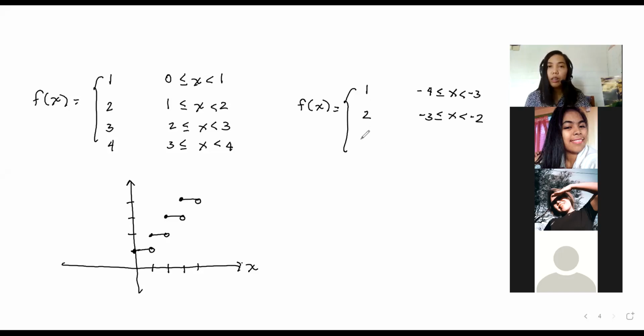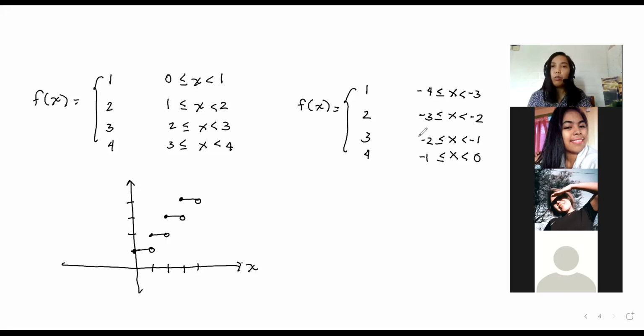F of x is 3 if x is between -2 and -1. F of x is 4 if x is between -1 and 0. Okay. And then, we graph.